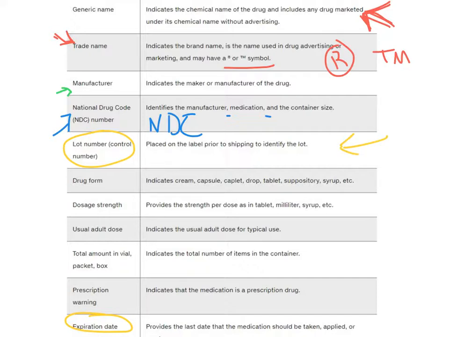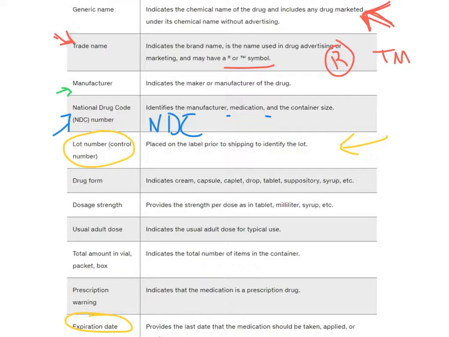So lot number 0786 may be shipped all across the United States when they distribute that particular medication; it was created in that particular batch. In the event of a recall, say something went wrong in the manufacturing process, we need to recall 0786, and then all the pharmacies know to look for that lot number and send it back for that recall.